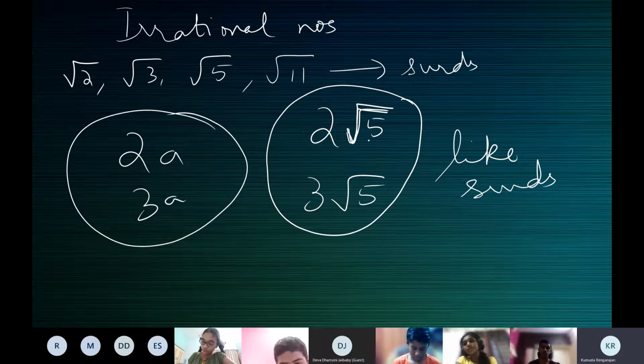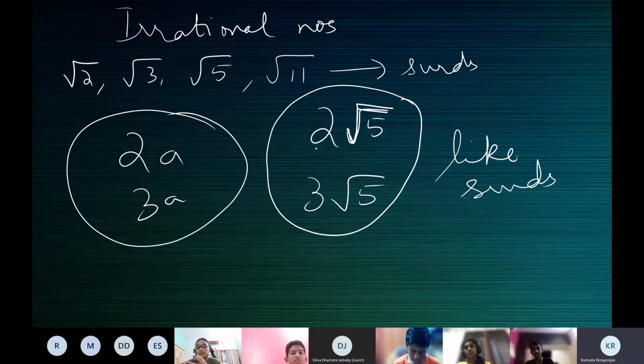So 2√5 also will be a non-terminating, non-repeating decimal. When you multiply that decimal with 2, the result will also be non-terminating, non-repeating.